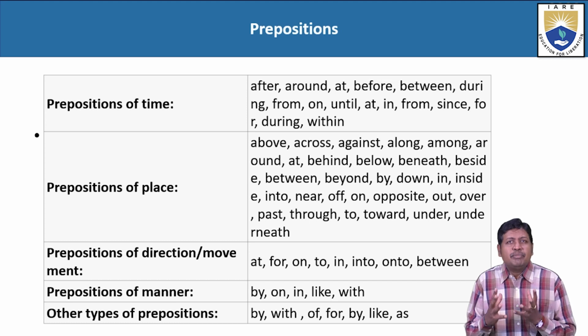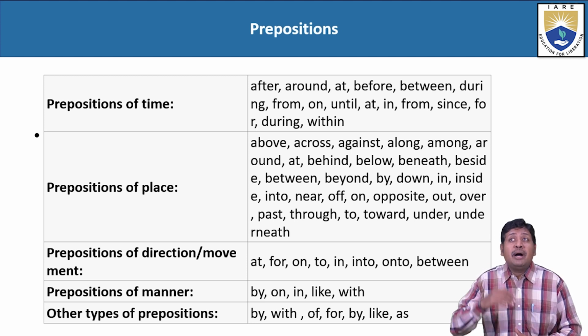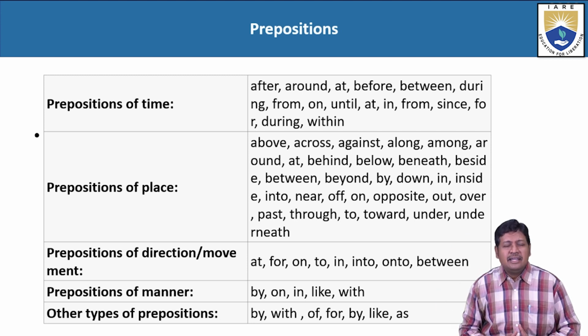Now these prepositions of place indicate the position of a noun. For instance, the showroom is above the cellar. The car showroom is above the cellar. Hyundai showroom is above the cellar.